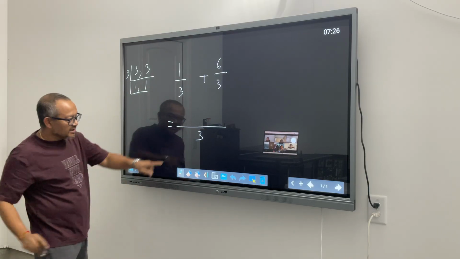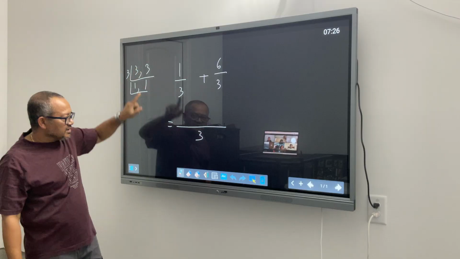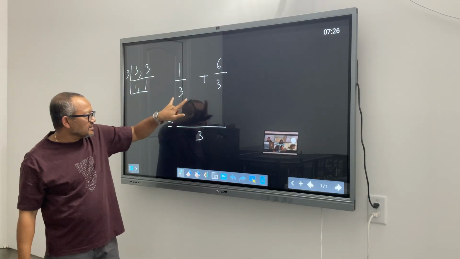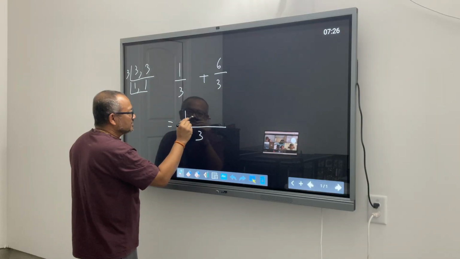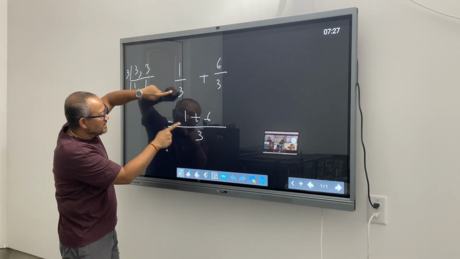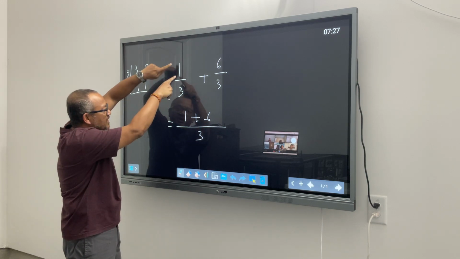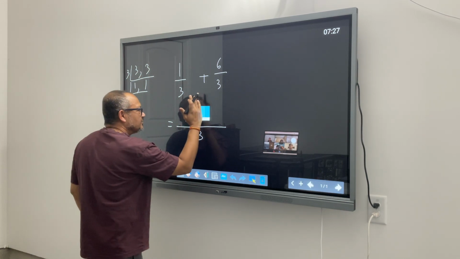My LCM is 3. So if I have the same denominator, I don't have to do this. I can put the same 3 here and then add the two things, 1 plus 6. Why so? Because 3 1s are 3, and then whatever we have, 1 into 1 is 1. Or let me do it the way we have learned.